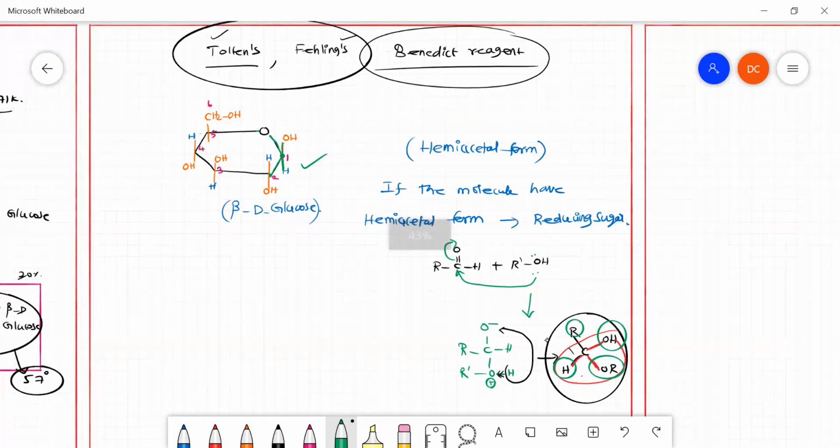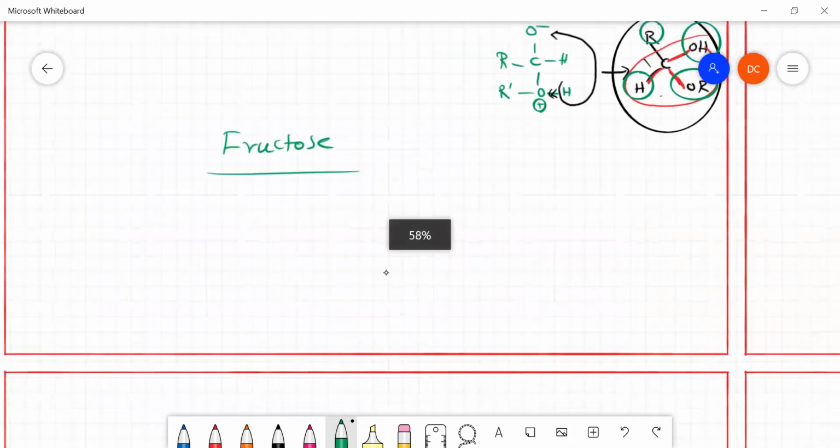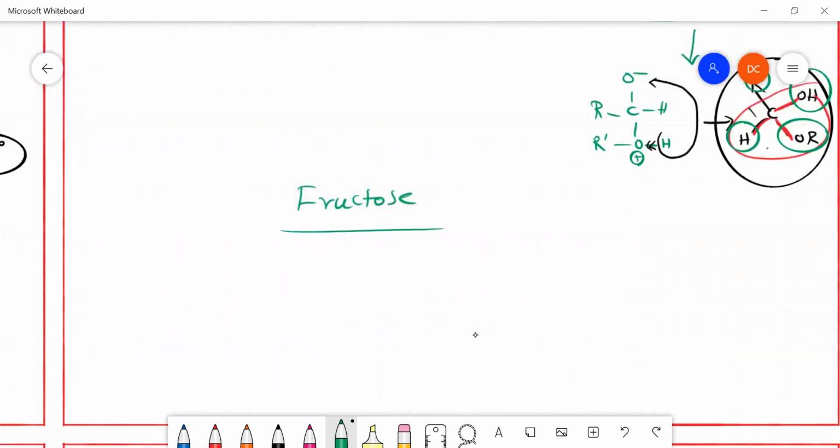And then the next one is fructose. What do you mean by fructose? Fruits may contain this kind of sugar, this fructose. Then what is the molecular formula for fructose? C6H12O6, sir. Yeah, C6H12O6.